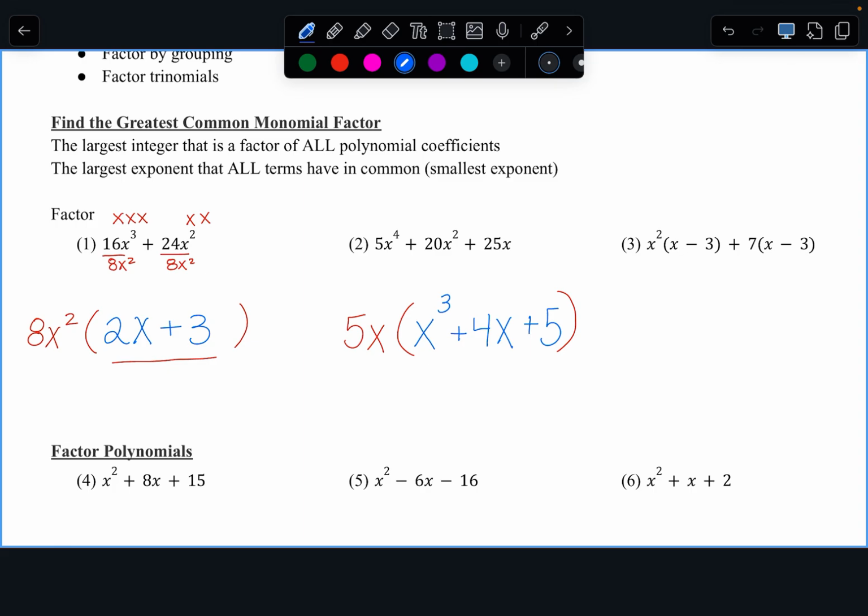Well, this looks like a cluster. You see how there's this plus sign in between these two sets of things? What do you see that's the same? X minus 3. X minus 3 is exactly the same. If we take out that x minus 3, what's left over in this first part? Good.